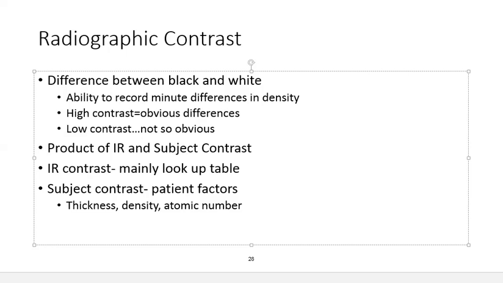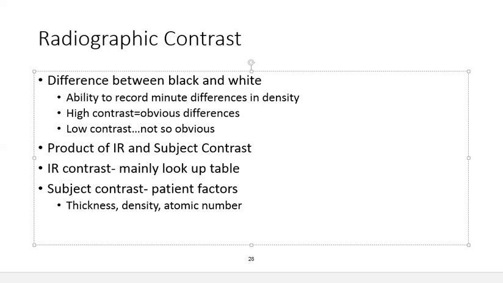So whenever we say that a radiograph exhibits high contrast, what we're saying is that it has the ability to record minute differences in tissue density. So a high contrast image would be one where you've got obvious density differences, where you can differentiate between things like bone and soft tissue, or bone and air, or air and soft tissue.